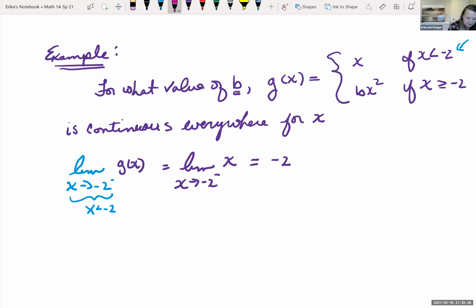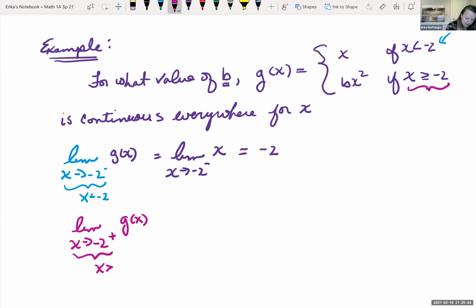Now I want to look at the limit as x approaches -2 from the right-hand side of g of x. In this case, the values of x are bigger than -2 because I'm coming in on the right-hand side of -2.